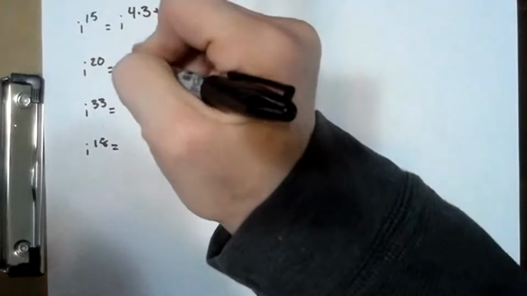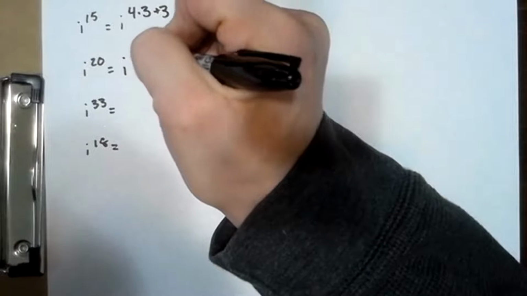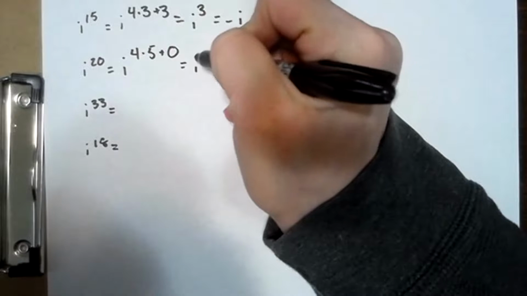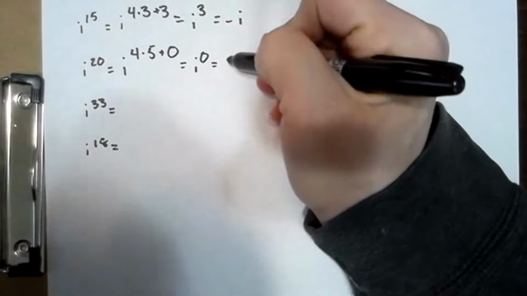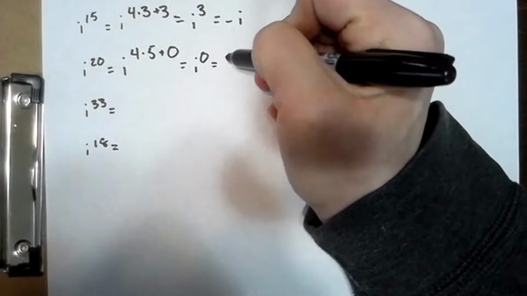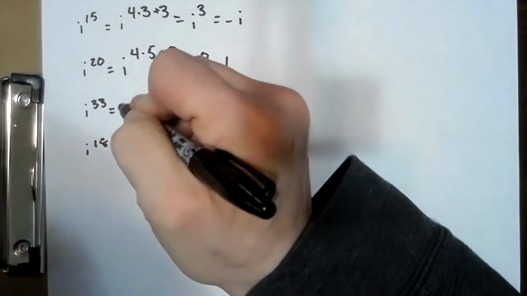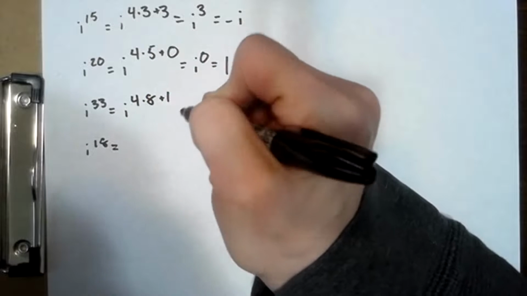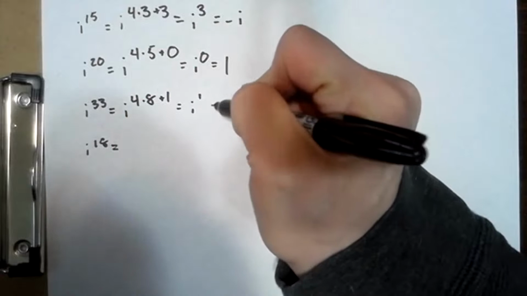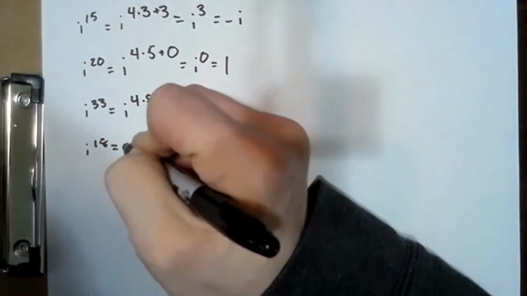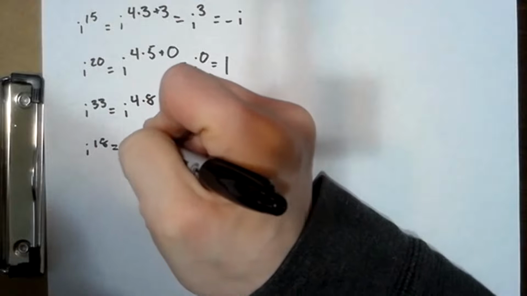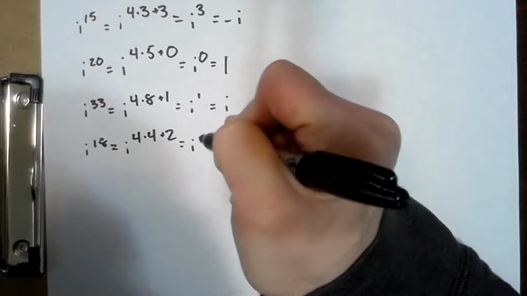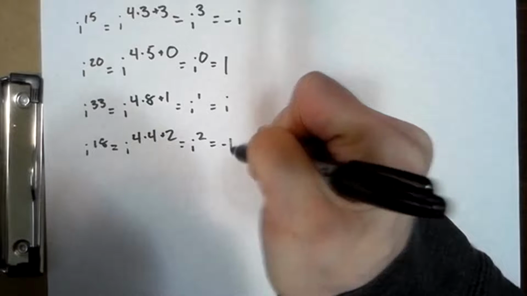If we get i to the 20th, that's i to the 4 times 5 plus 0, which is equivalent to i to the 0, and anything to the 0 power, except for 0 itself, is 1. For i to the 33rd, that's i to the 4 times 8 plus 1, which is equivalent to i to the first power, or i. And finally, i to the 18th is i to the 4 times 4 plus 2, which is equivalent to i squared, or -1.